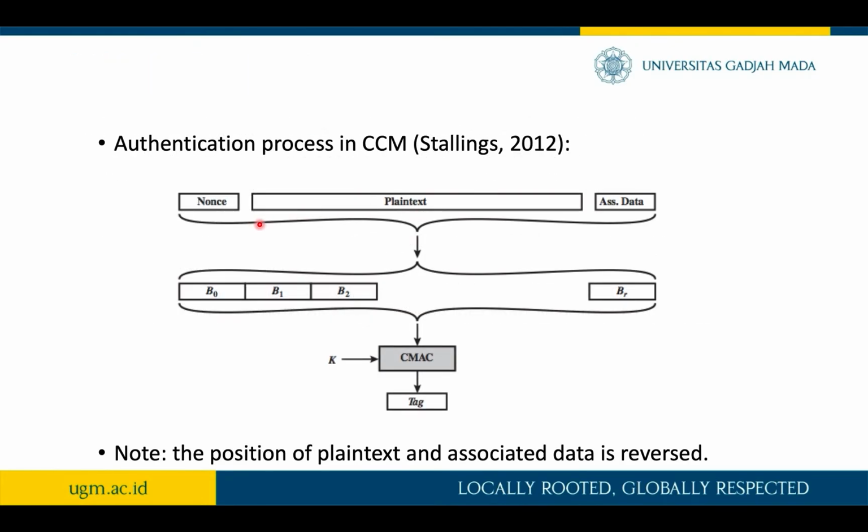So we will have something like this: nonce, associated data, and then plain text.